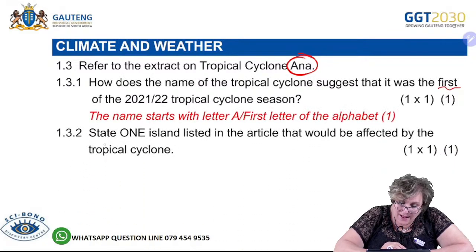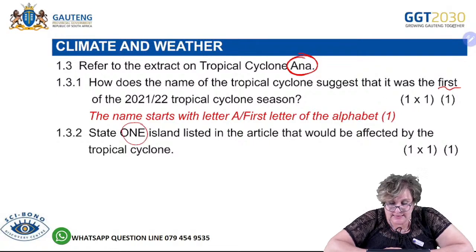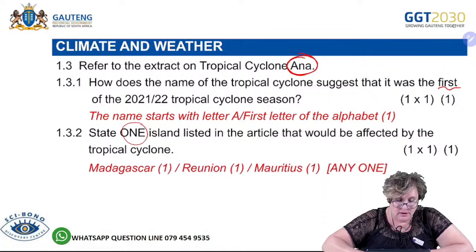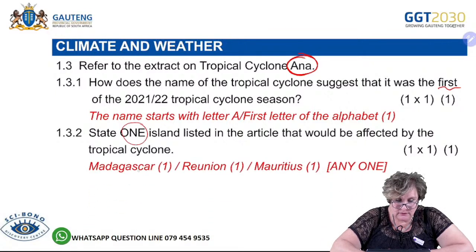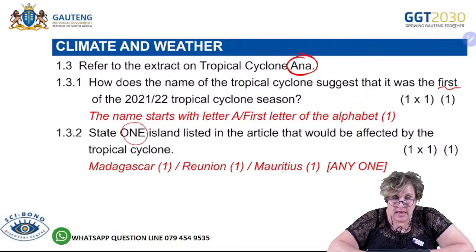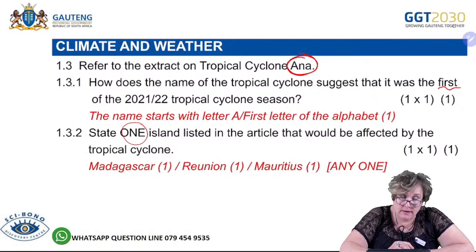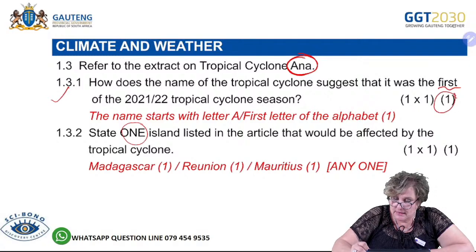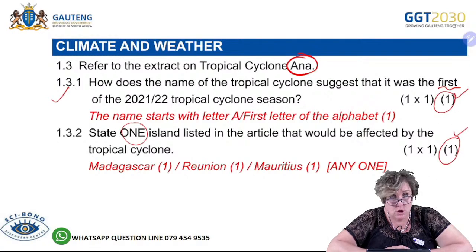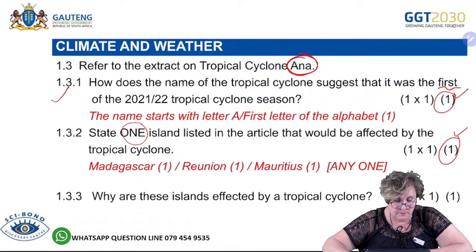State one island listed that would be affected by the tropical cyclone. Madagascar, it's in that article, Reunion, Mauritius. None of you have any excuse of not having this one correct. So you must have that one correct. Let's use this one, that one, and that one. So you already have 2 out of 15 because this is a source-based question.